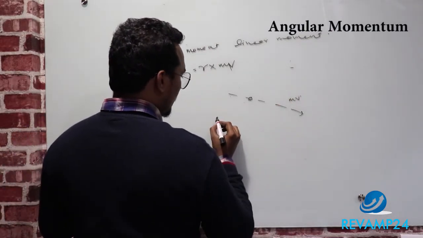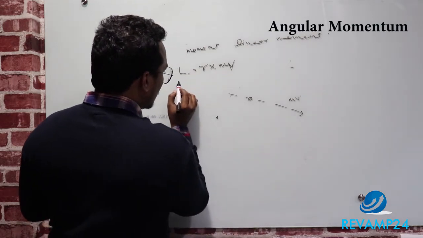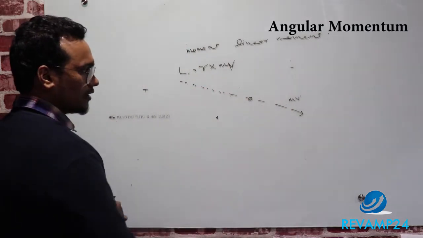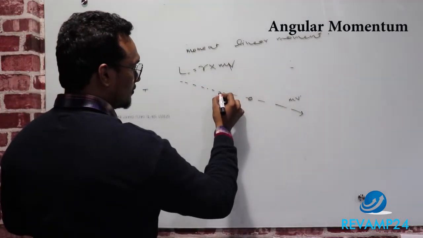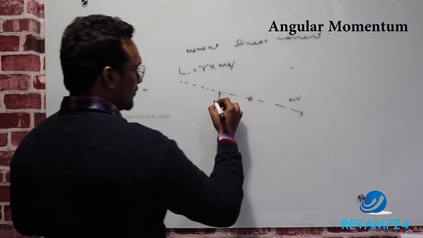Now how will you find the angular momentum with respect to this point? Draw the line of direction of momentum and get the perpendicular distance to it.